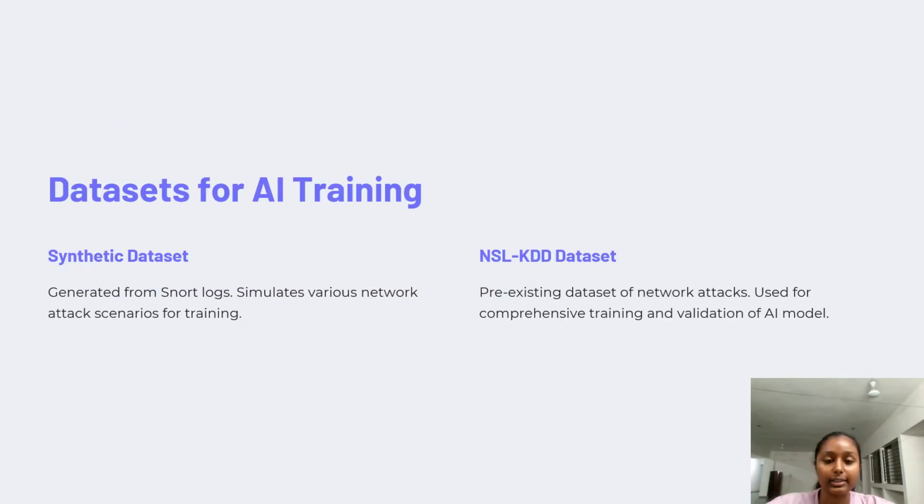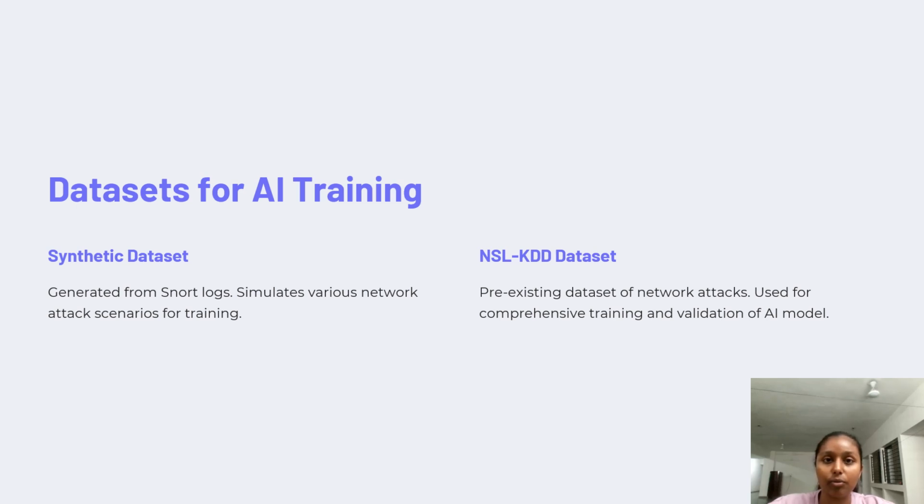There are two datasets used for training my AI model, which is the logistic regression model. The first one is the synthetic dataset. That synthetic dataset comes from the packet analysis I mentioned earlier. After that, we converted the packet analysis into logs for training our model, and those logs are converted into CSV format.